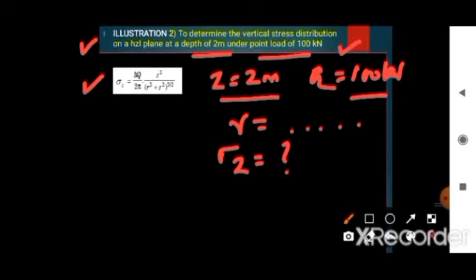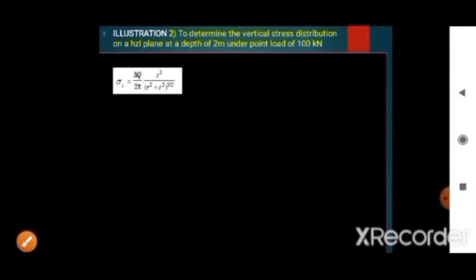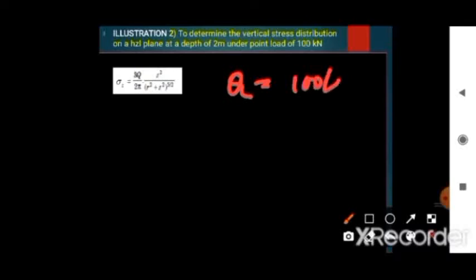Now in this particular equation, we will substitute the given parameters. Let us check what the final form of this equation is. We substitute q equal to 100 kilonewton and z equal to 2 meter.